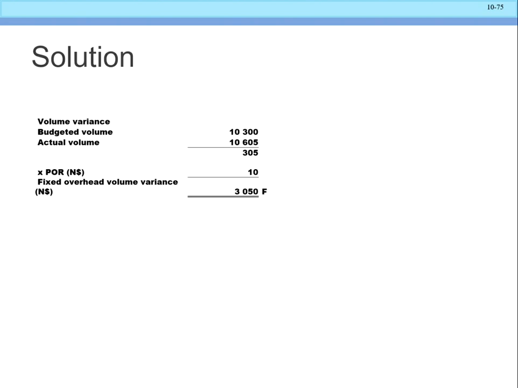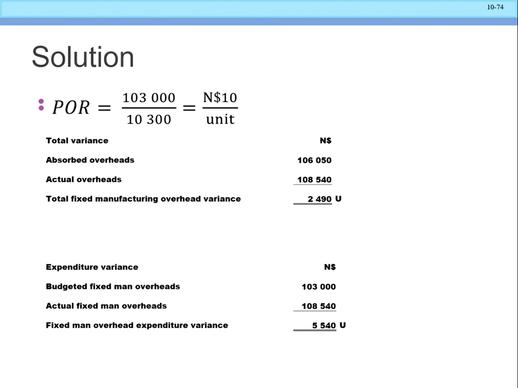Therefore the 305 is favorable. We multiply by 10 and we get 3,050. So if we look at the 3,050, which is favorable, with the 5,540 that is unfavorable, we add the two and come to the total variance, which is the under allocated overhead.